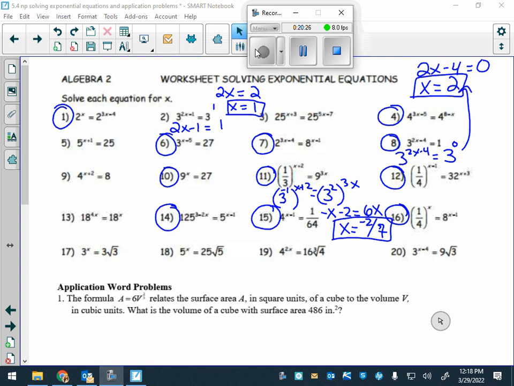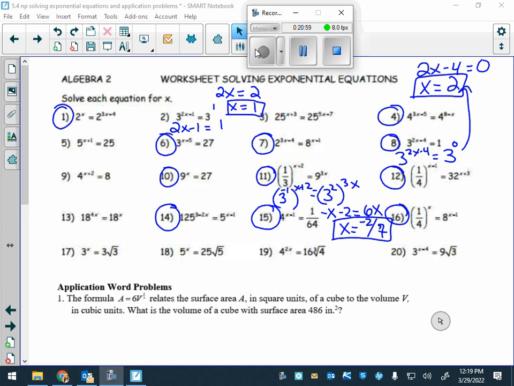Number 14. Someone get something different. Laurel? 10 over 7 is the correct answer. So, 125, how do we rewrite it? 5 cubed. 2 to 3 minus 2x. 5 to the x minus 1.